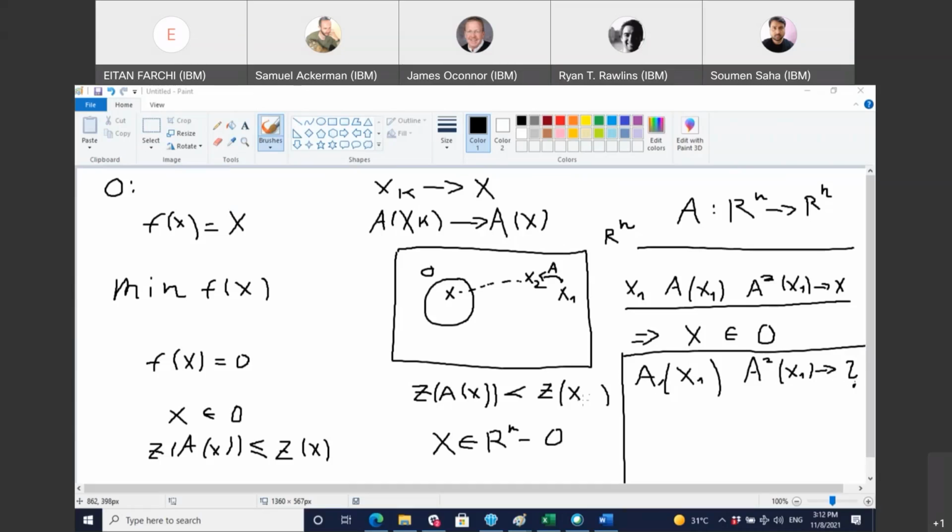Is it just the pair XX? So you're saying each of them individually converges to X, right? No, I'm saying the first series x1, A of x1, A square of x1, and so on converges to x. And then I'm asking, A of x1 is the first element of the series, A square of x1, and so on, what does it converge to?